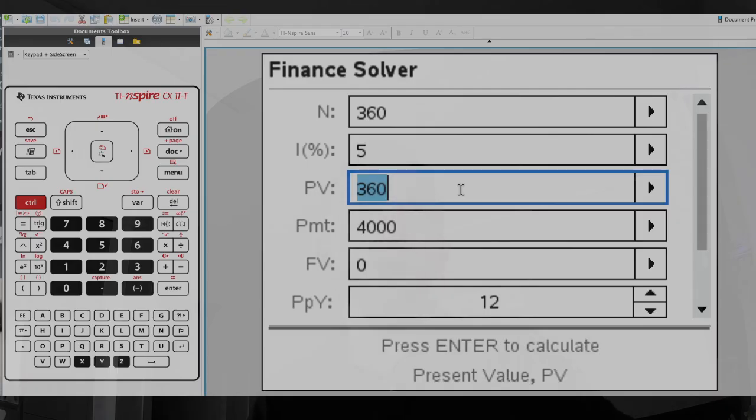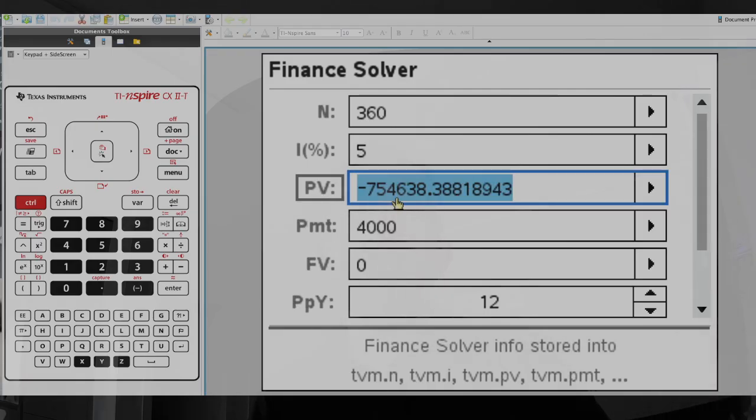Present value, press enter. You have to put this amount of money, $754,638 point something dollars, into the bank. If you put this amount of money into the bank before your retirement, then the bank is going to tell you, okay, I'm going to give you $4,000 for 30 years every month.